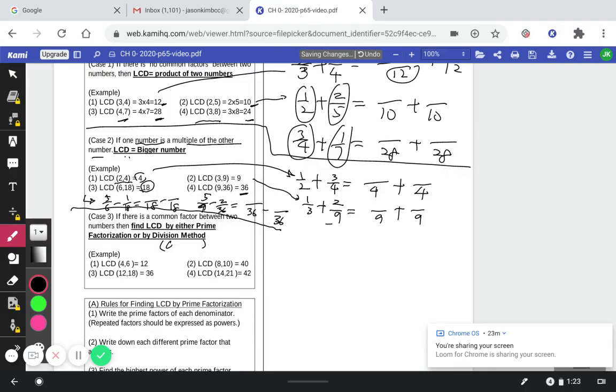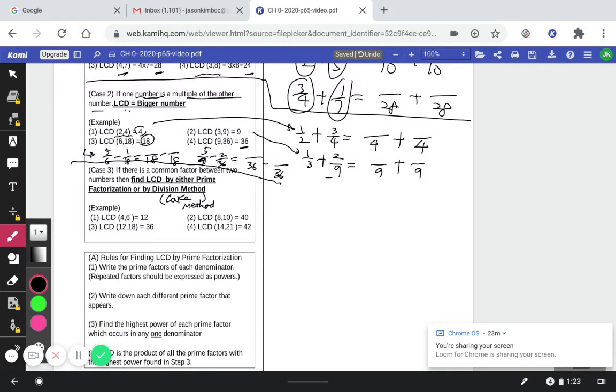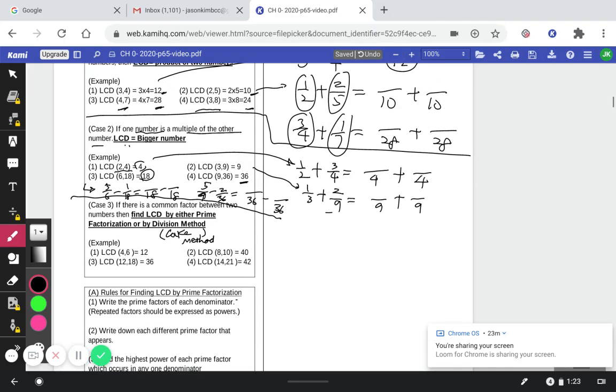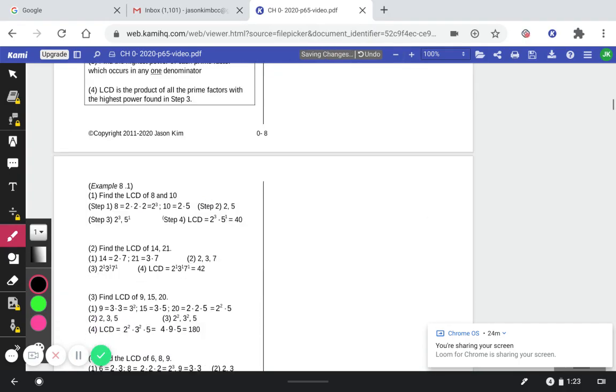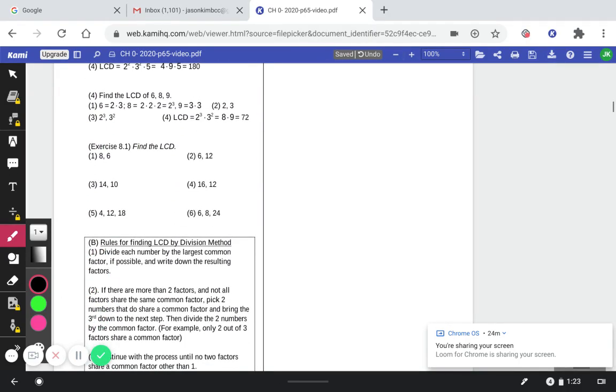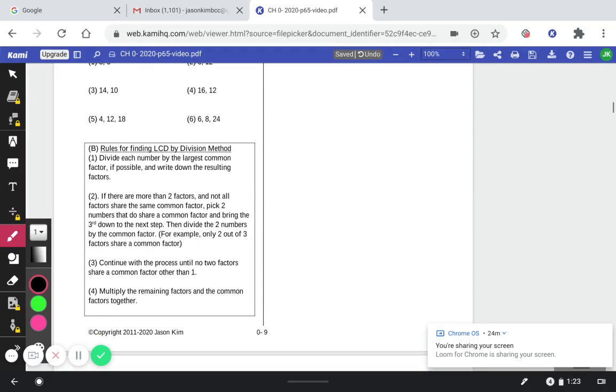The division method sometimes we call the cake method because it looks like layers of a cake. You might learn finding the LCD by prime factorization, so I'm not going to pay too much attention to that. But let me introduce the division method, or cake method.